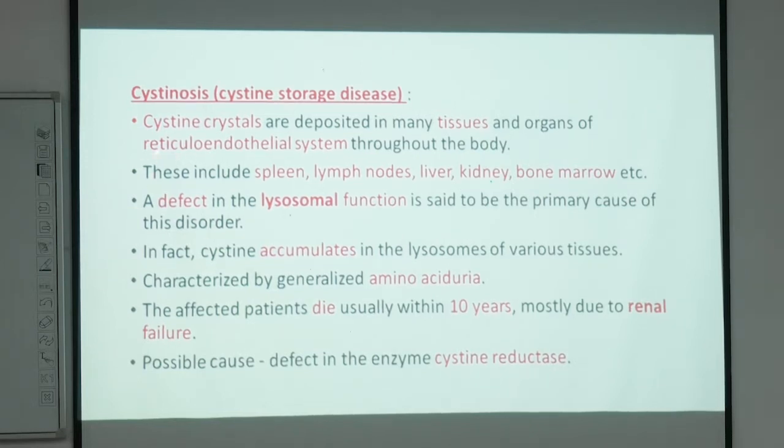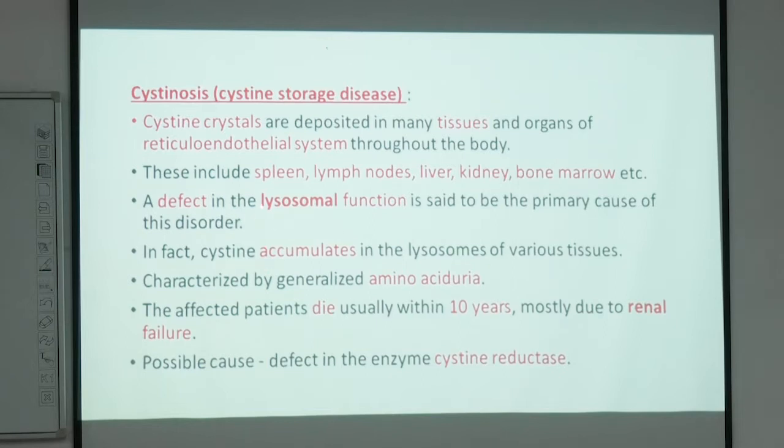So here, reticuloendothelial system. So most of the organs are spleen, lymph node, liver. Here, when the cystine is not getting excreted, the level is increasing in the cells. So they should have been degraded by the lysosomes.